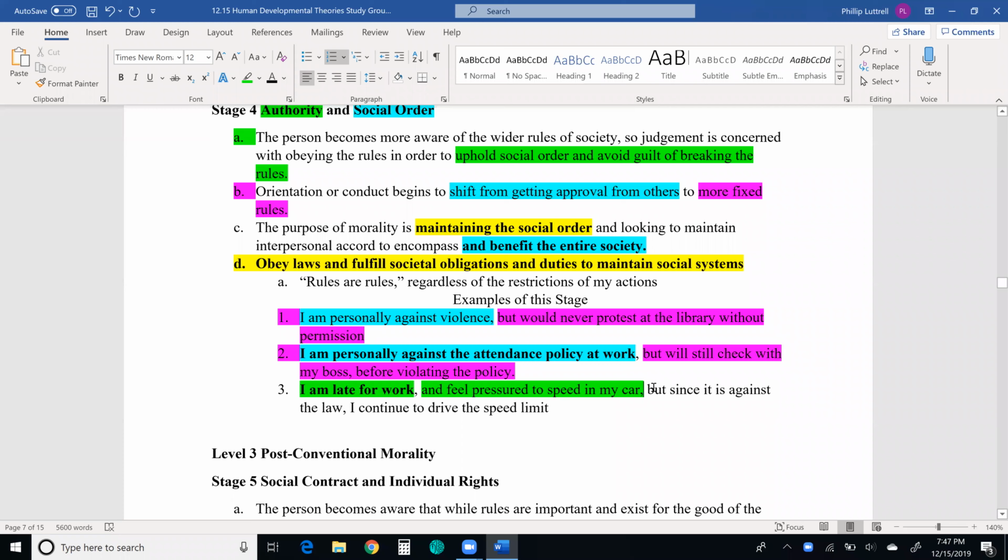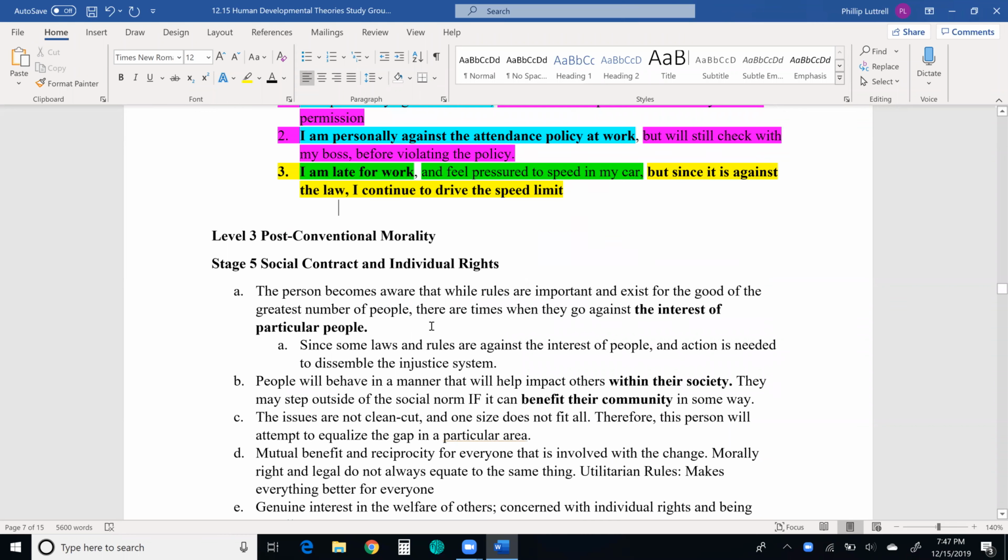But since it is against the law, I continue to drive the speed limit and am willing to accept the rejection of my coworkers based on the fact that I'm late, to appease the overall society or community that I am in. And the majority of society is going to be within those two stages.